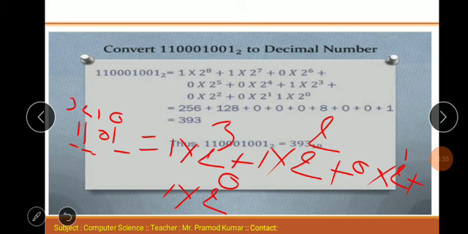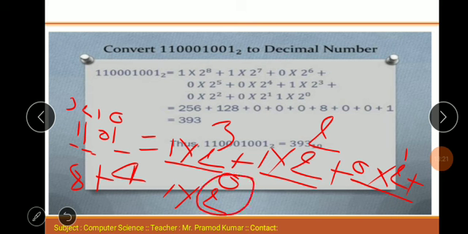When you calculate 1 into 2 to the power 3, it means 8, because 2 to the power 3 is 8: 2 to the 4, 4 to the 8. Plus here 1 into 2 to the power 2; 2 to the power 2 means 4, 4 into 1 is 4. And here 0 into 2 means 0, and 1 into 2 to the power 0 means 1.